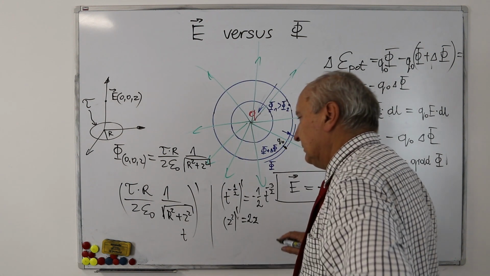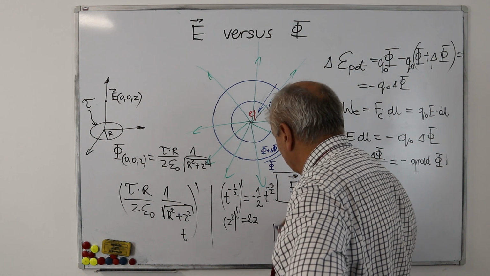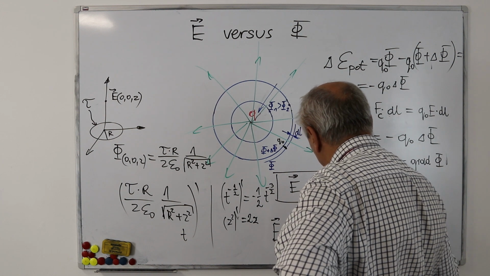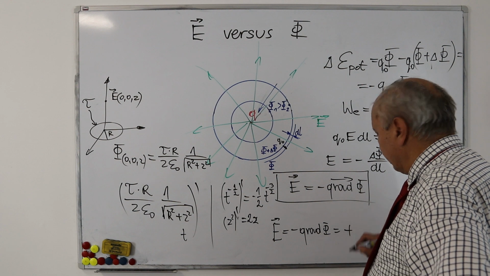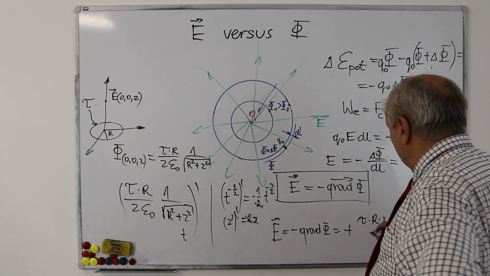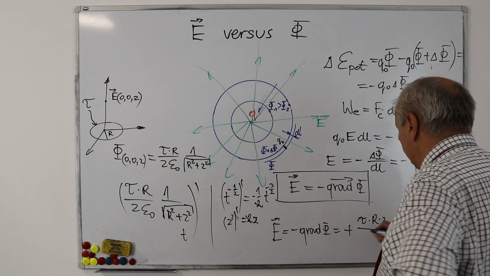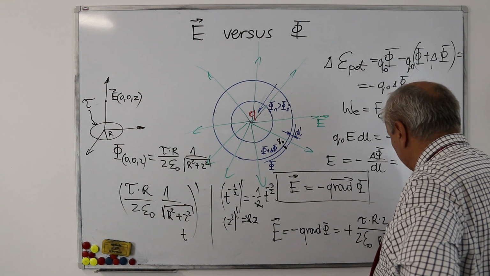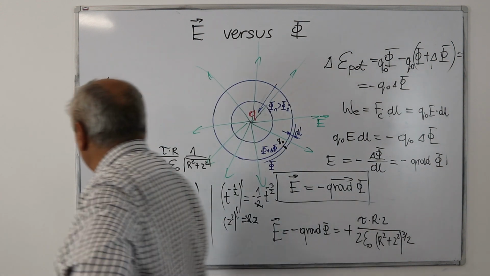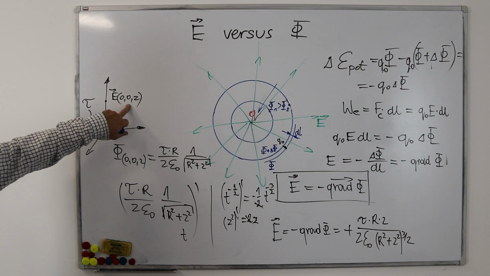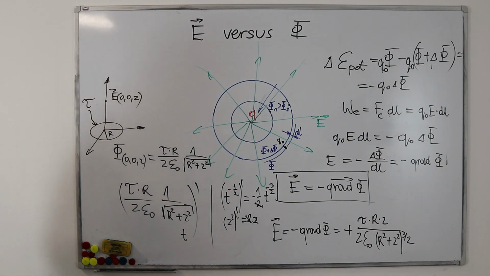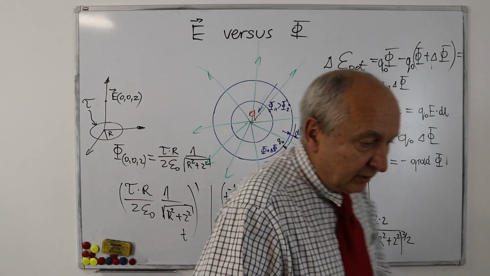So we put everything into this formula, and we have that E is equal to minus gradient phi, that means minus what we obtain. Minus gives us tau r z, 2z minus, and this cancels, over 2 epsilon 0, and here we have r squared plus z squared to the power of 3/2. And as you can see, this is a vector function that gives us the value of electric field intensity over the axis z.